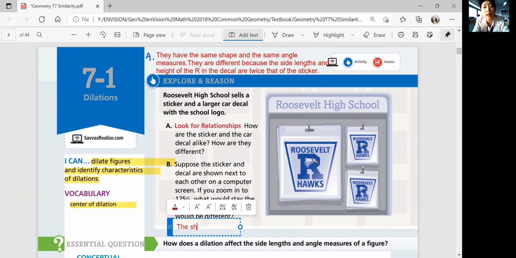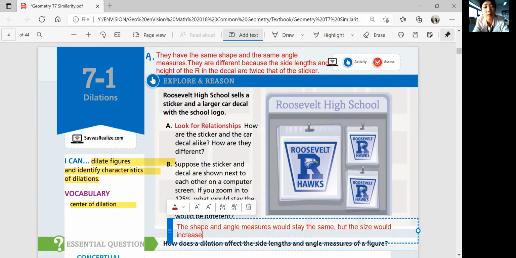So you can say that the shape and angle measures would stay the same, but the size would increase by 25% because images and font sizes get larger when you zoom in.